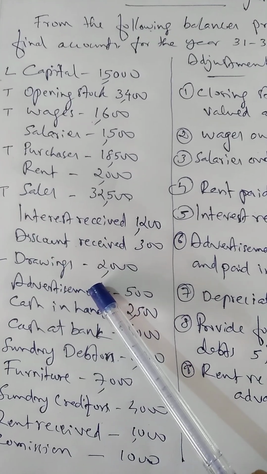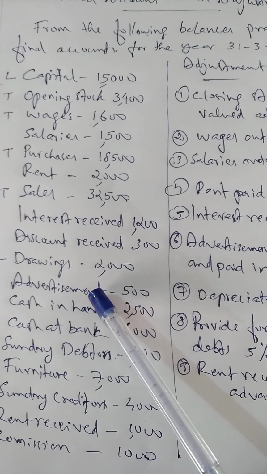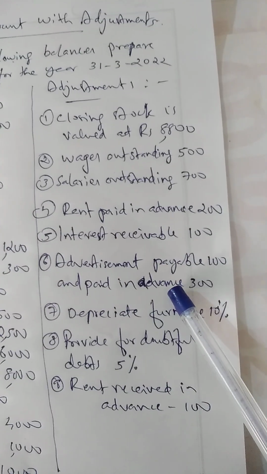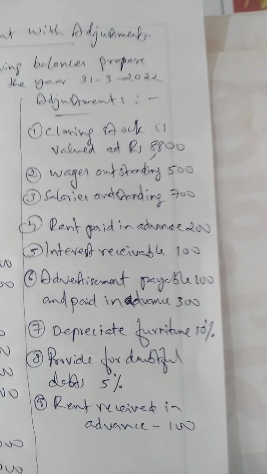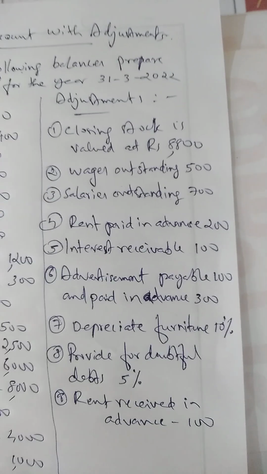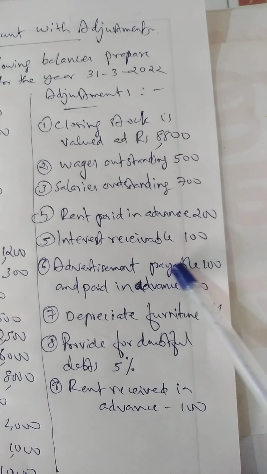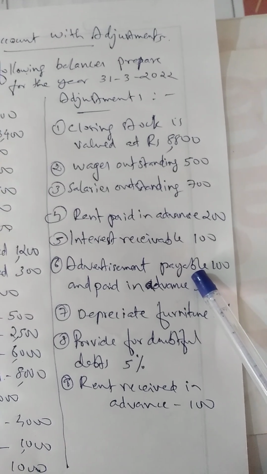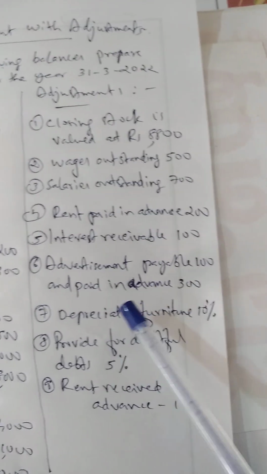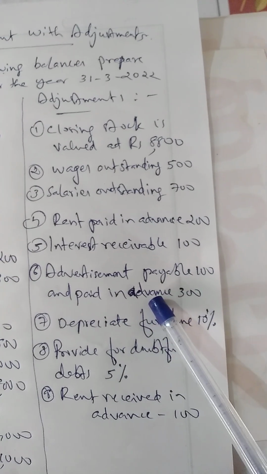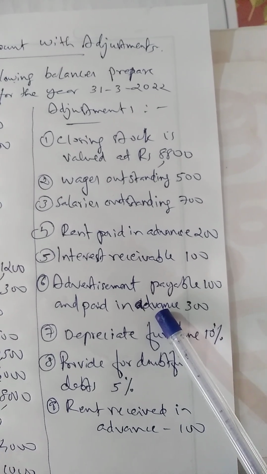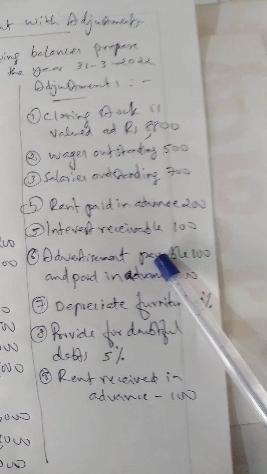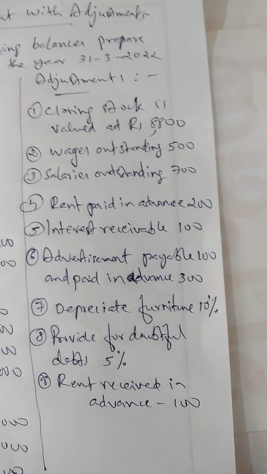That means advertisement prepaid should be deducted from this advertisement and also shown on the asset side. So, advertisement outstanding should be added with advertisement and shown on the liability side. Then advertisement prepaid should be deducted from the advertisement and shown on the asset side. I will make it clear at the time of writing up the accounts.